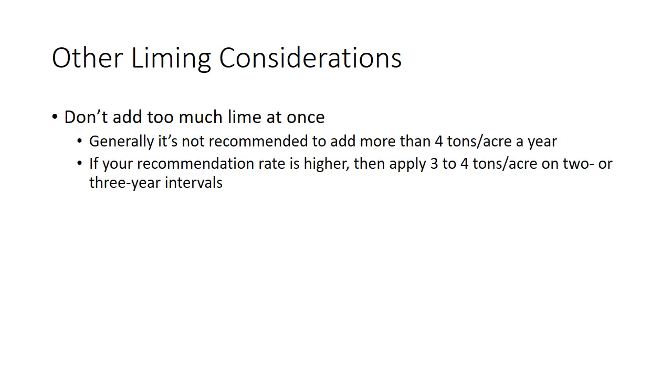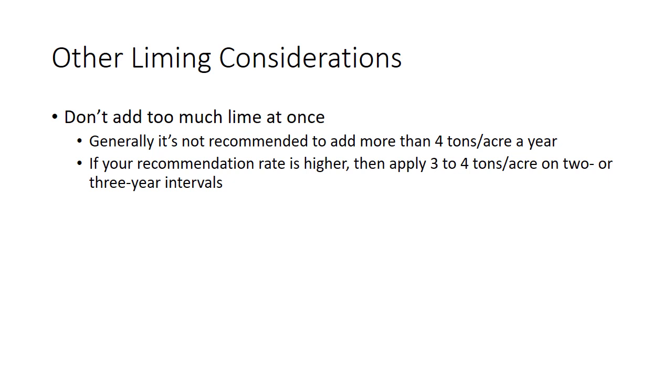Okay, so now you know how to calculate a liming rate. The next thing I want to cover is some other liming considerations. So one is we don't want to add too much lime at once. Generally it's recommended that we don't add more than 4 tons per acre a year. In both of the two examples I showed you prior to this slide, both of those were over 4 tons per acre.